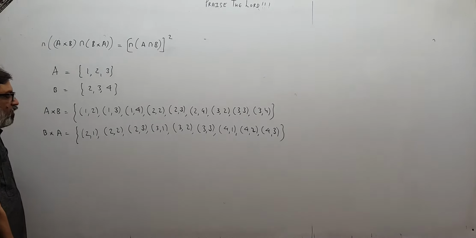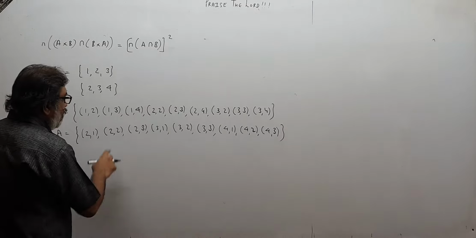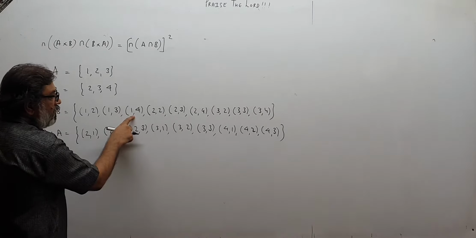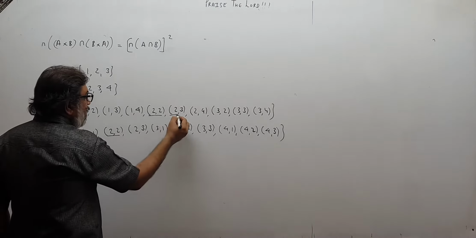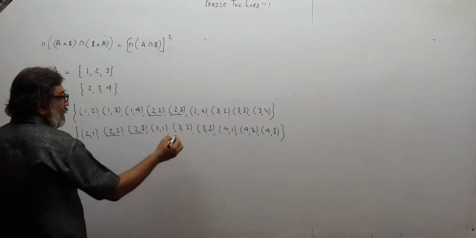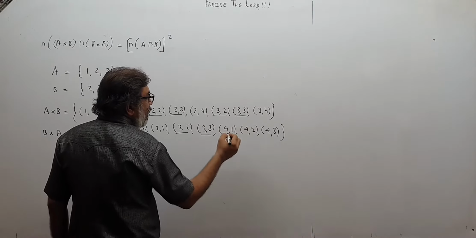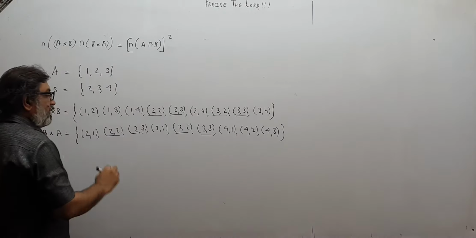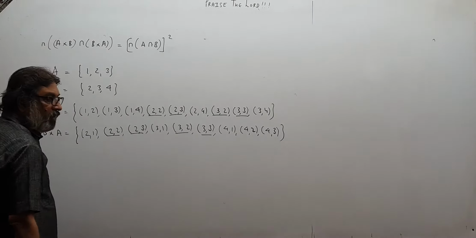Yes? Now let us see which are the common elements. 1,2 is present? No. 1,3? No. 1,4? No. 2,2? Yes, it is there. 2,3? Yes. 2,4? No. 3,2? Yes. 3,3 is there. 3,4 is not there. How many elements are common, children? 1, 2, 3, 4.